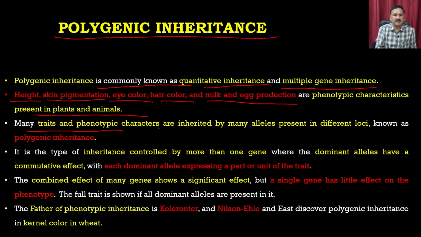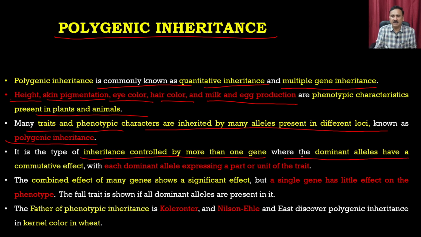Many traits and phenotypic characters are inherited through alleles present at different loci, as in polygenic inheritance. It is a type of inheritance controlled by more than one gene, where the dominant alleles have a cumulative effect and each dominant allele expresses a part or unit of the trait. For example, skin color is controlled by many genes.